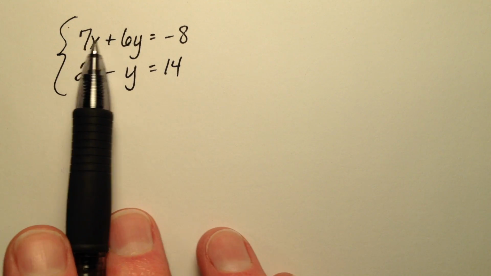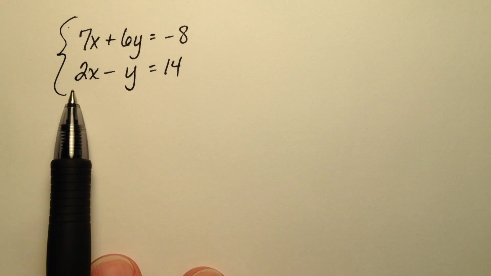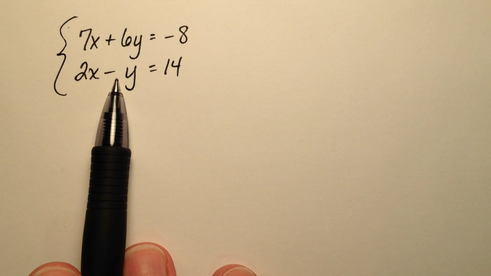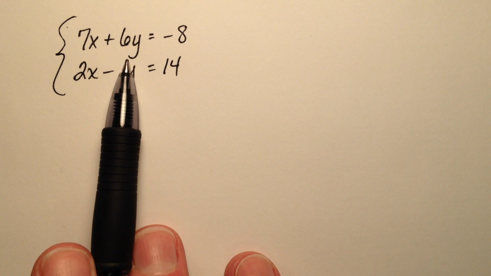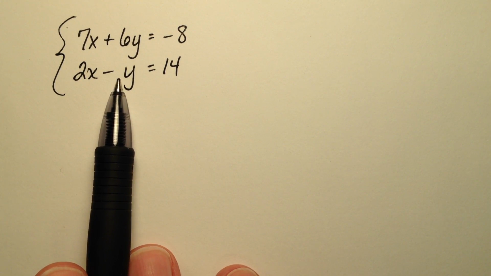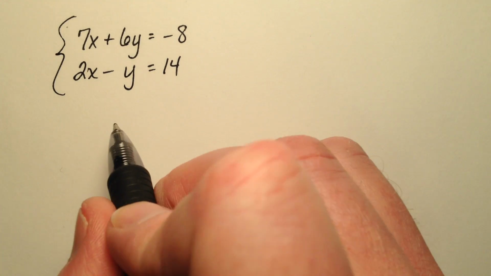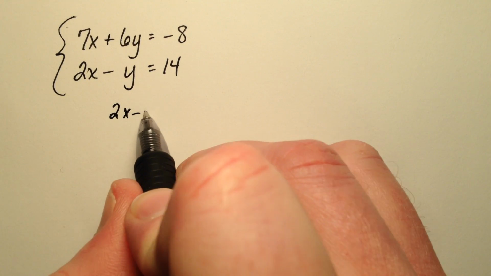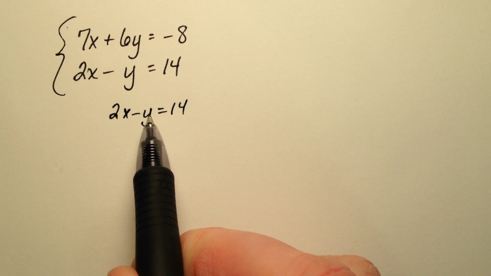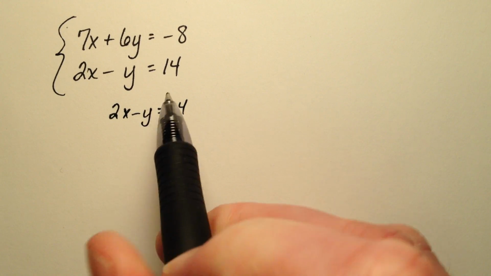I notice up here I have coefficients of 7 and 6, and here I have coefficients of 2 and -1. Because this y has a coefficient of -1, it will be fairly easy to isolate. So I'm going to look at this 2x minus y equals 14. I want the y to be by itself, but I want it to be positive.